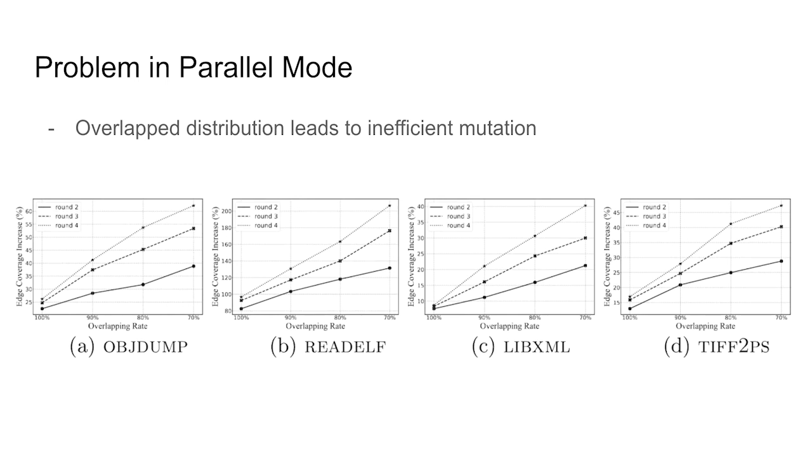With all the 4 programs, we observe a trend that fewer overlaps among the mutated seeds lead to a higher increase of code coverage. So this demonstrates that running AFL's mutation on different seeds can cover more edges than running the mutation on the same seeds. So it is therefore necessary to investigate and develop better solutions for the parallel fuzzing.